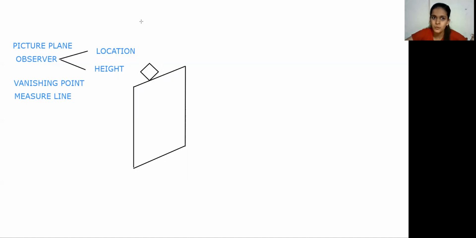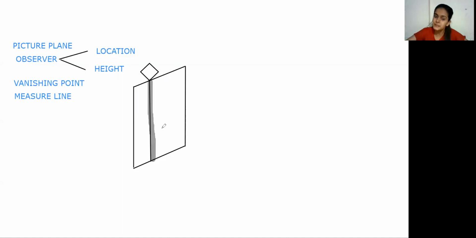If I draw a vertical line through that point, the point of the object which is touching the picture plane, then this vertical line is known as a measure line. What is the importance of the measure line?